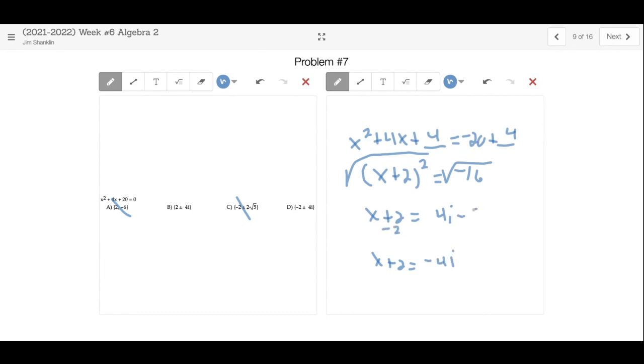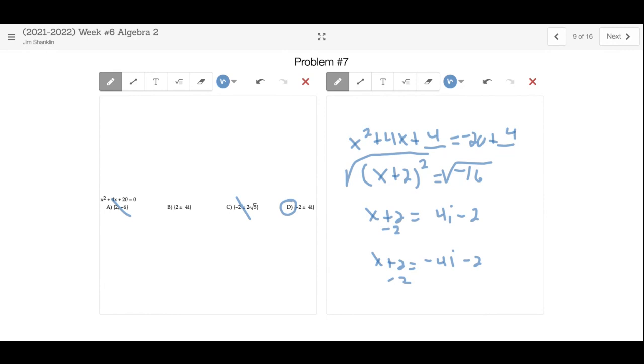I'm going to subtract 2 from both sides, so I end up with negative 2 plus or minus 4i. I'm going to go with letter D for my answer there.